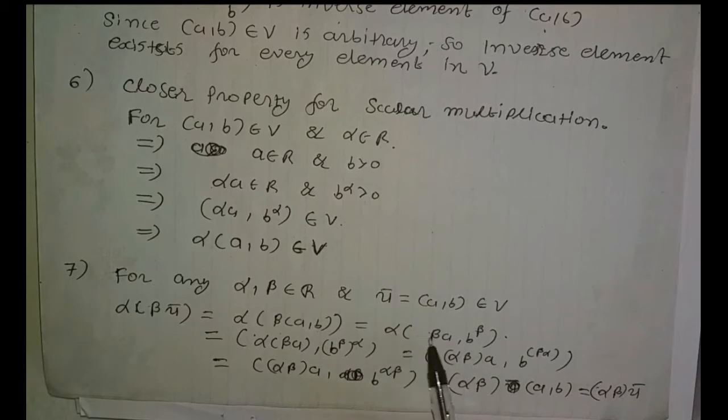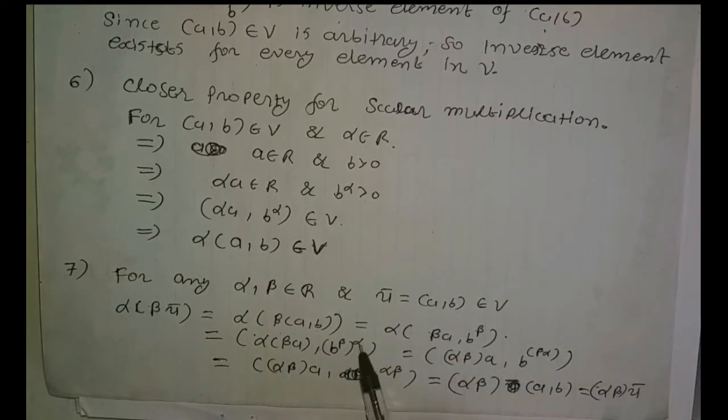So now alpha multiplied with vector (beta a, b raised to beta). Now again apply the same rule, multiplication with the first coordinate, so alpha beta a, and raised to the power of the second coordinate, b raised to beta raised to alpha. So we get (alpha beta a, b raised to beta alpha).